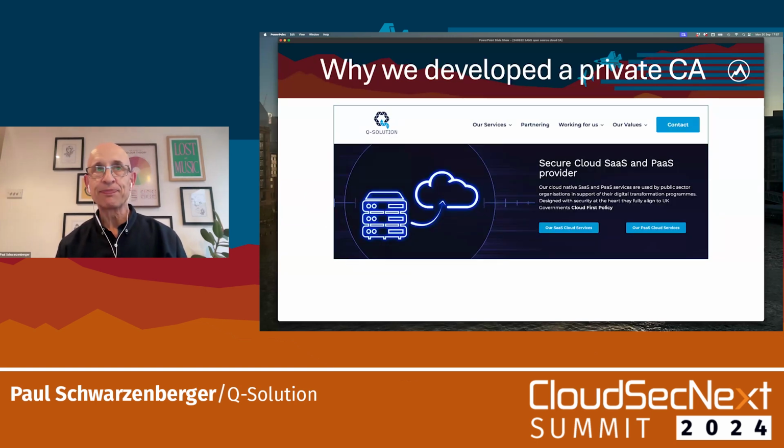At Q Solution, we provide managed services to the UK government, mostly software as a service, SaaS services. And we provide all of those from the cloud and mostly using AWS, Amazon Web Services.